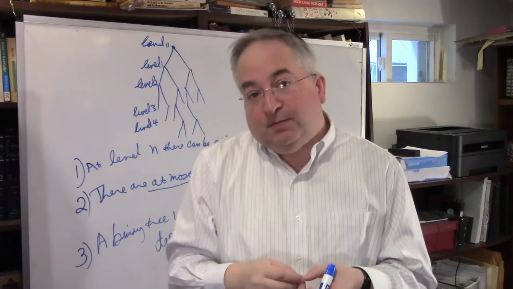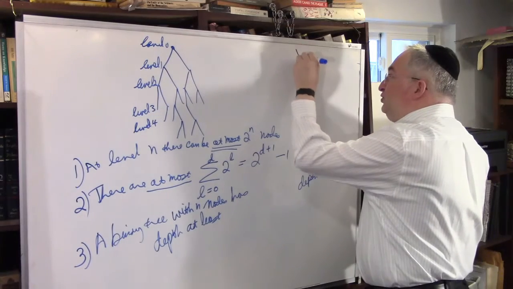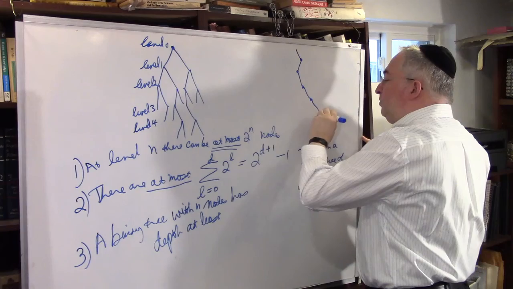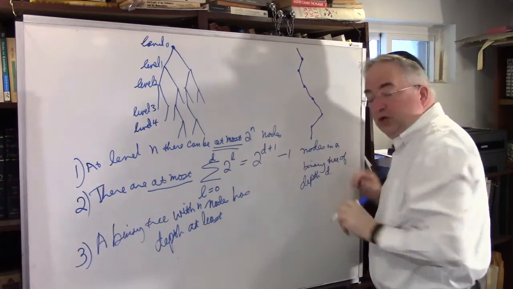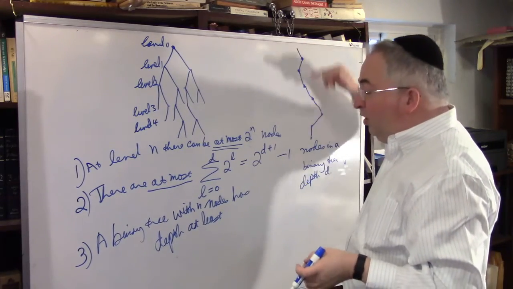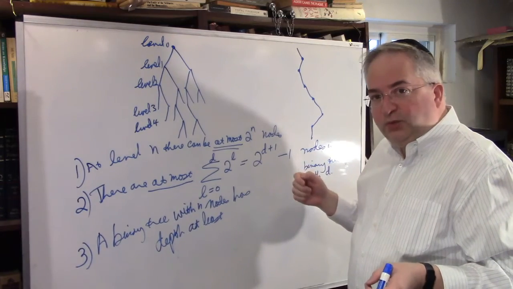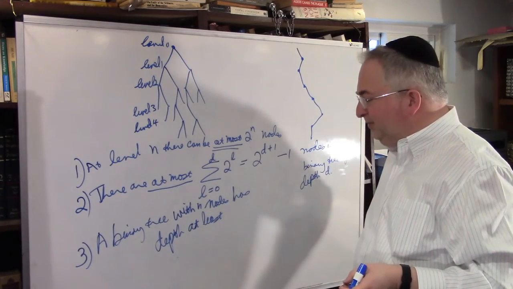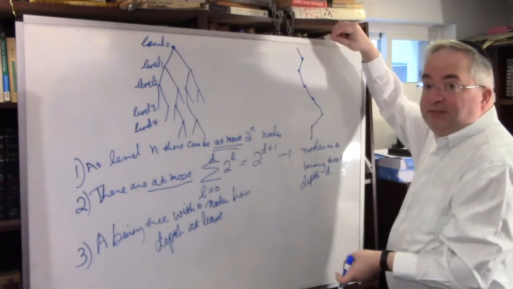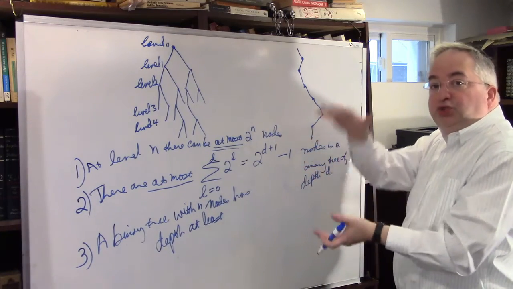What's the maximum depth of the tree? Okay, and the answer is, you have a tree like this, a long snake. You have n nodes, and the depth is going to be n plus 1 or n minus 1, something like that. Okay, but I'm not asking that. I'm not asking what's the maximum depth of the tree. I'm asking what's the minimum depth. How much can you shrink it?